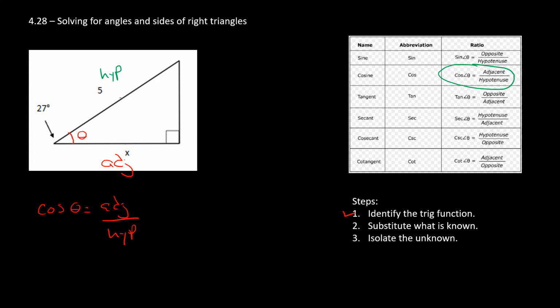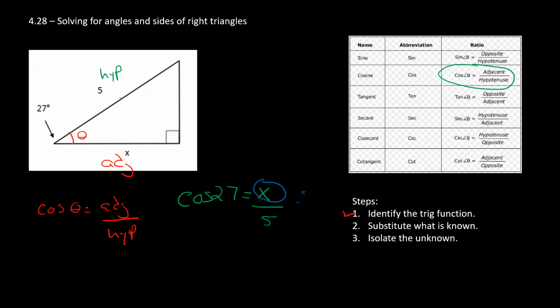So we've identified our trig function. Now, when we substitute what we know, we can say cosine of theta, with theta in this case being 27, is equal to, well, our adjacent would be x, and our hypotenuse is 5. We're going to do the exact same steps that we did in the previous problem. We want to isolate our x. This is the one that we want by itself.